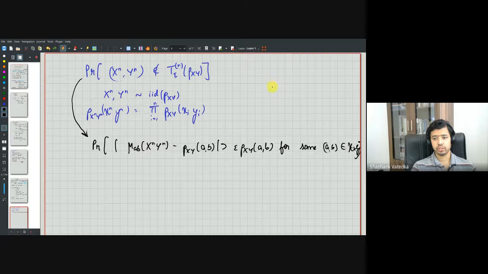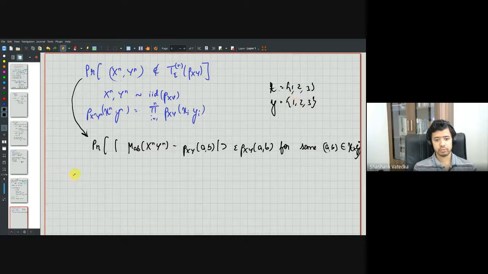For example, if X is 1, 2, 3 and Y is also 1, 2, 3, then mu11, mu12, mu13, mu21, mu22, mu23, mu31, mu32, mu33 should all be close to P(1,1), P(1,2), and so on. So even if mu12 is far away from P(1,2), then it is not typical.